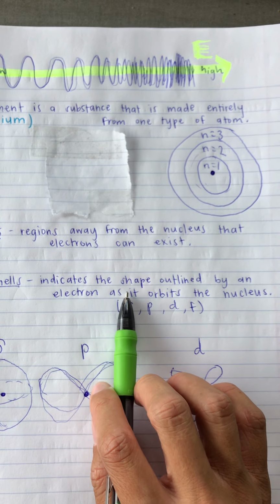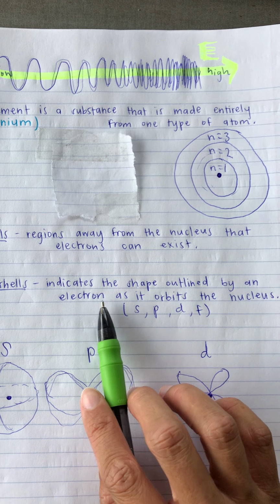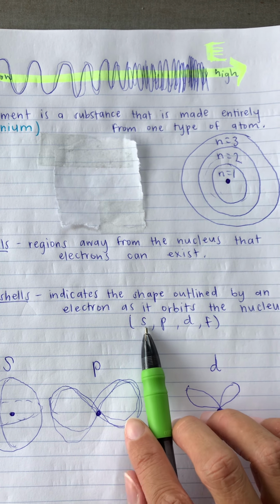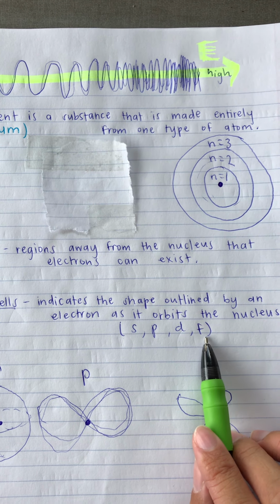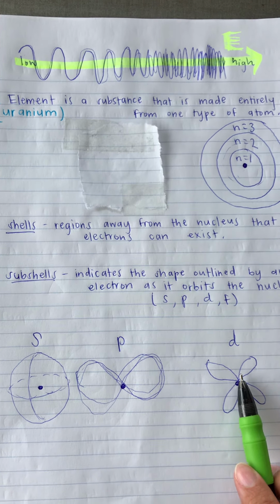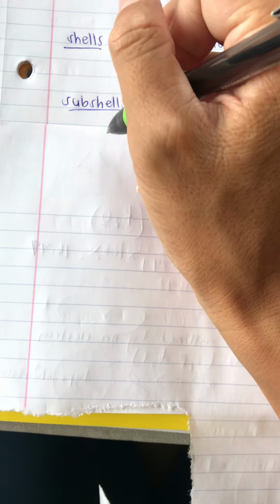So now let's define subshells. Subshells indicate the shape outlined by an electron as it orbits the nucleus. There are different types of shapes that they can travel, and they look like this, but I'm going to redraw it so we can understand a little better.